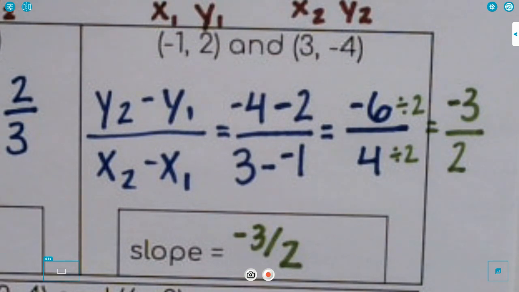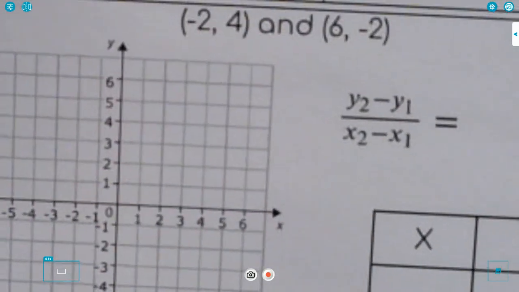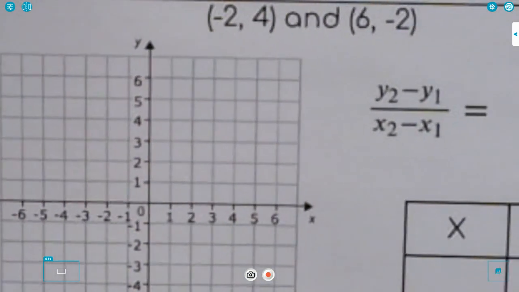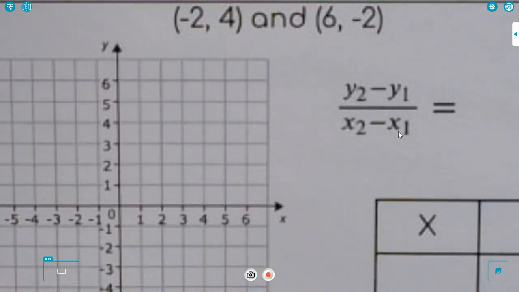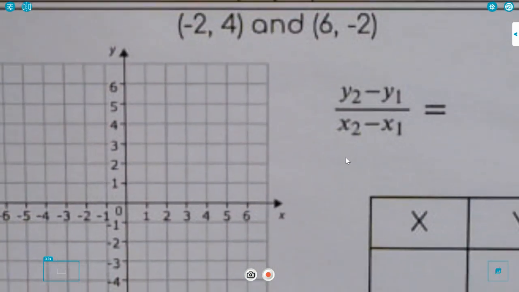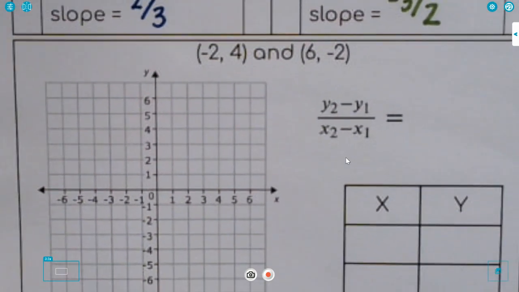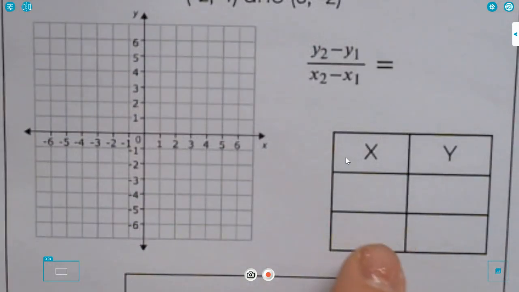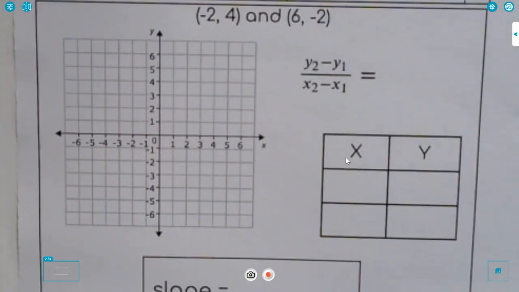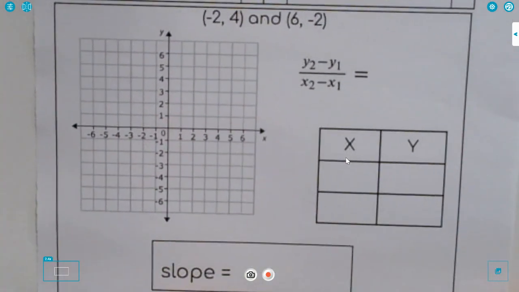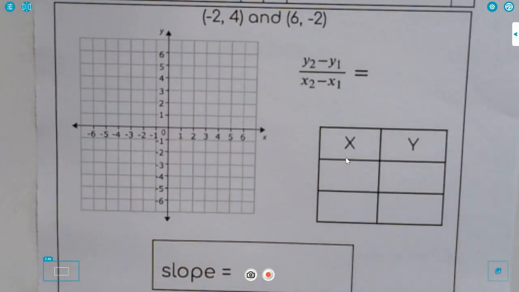So moving down, we have some ordered pairs. I've got a graph. I've got my new formula we're doing today, and I've got a little empty table. And I want to show you that we can find the same slope of the same 2 points in three different ways, and they will all be the same.